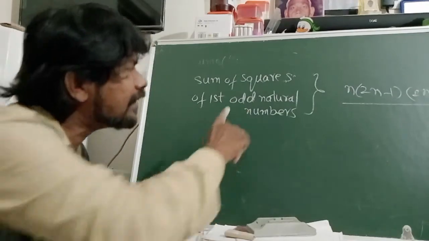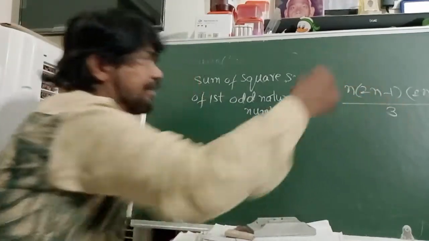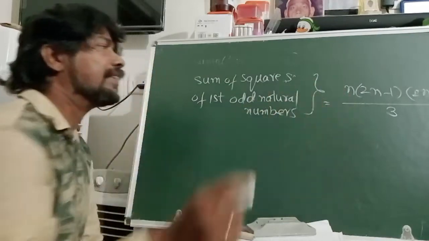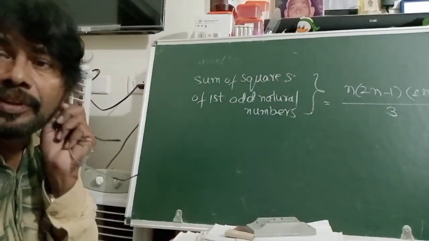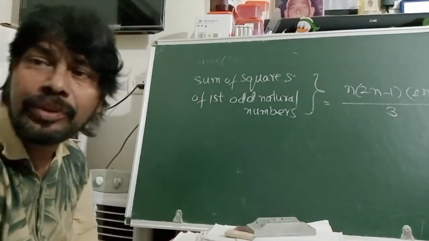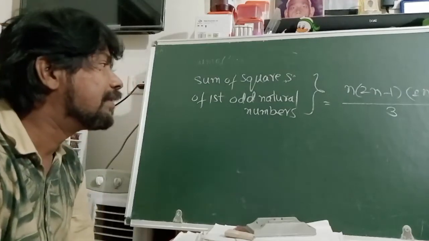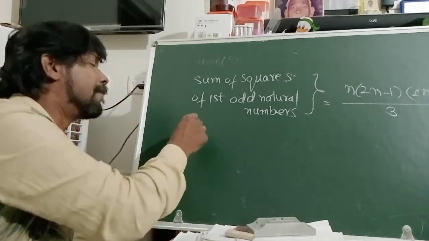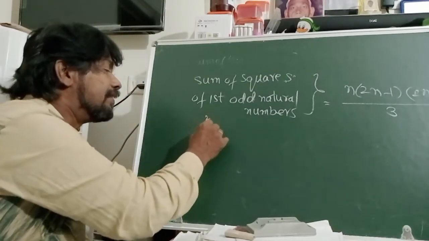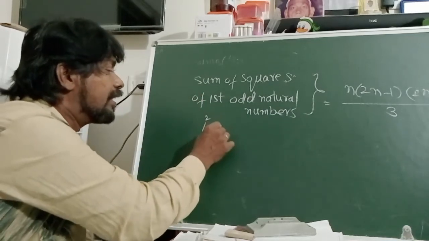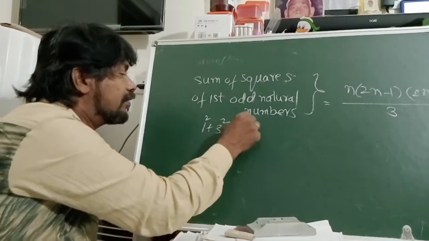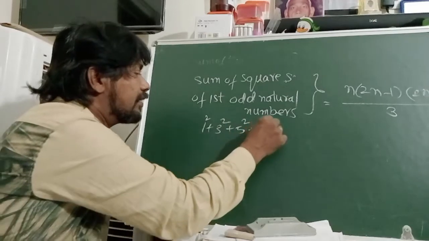How many terms are there? 3 terms are there. So n into 2n minus 1 into 2n plus 1 by 3. We tend to forget this, so we have to remember it. That is 1 square, 3 square, 5 square, 7 square.